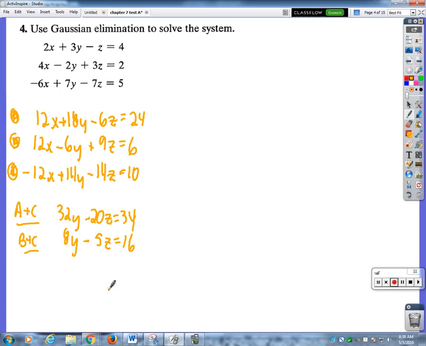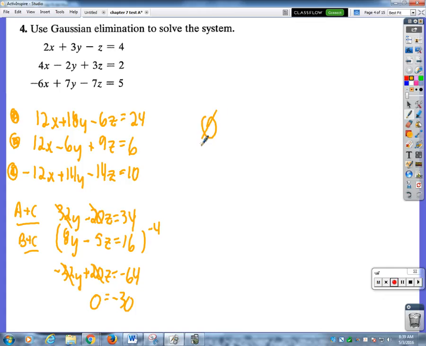Now if I take the bottom one and multiply it by -4, because I need them to cancel, then this will become -32y, this will become +20z, and this becomes -64. So this cancels and this cancels, so then you get 0 equals -30, and so that's no solution.